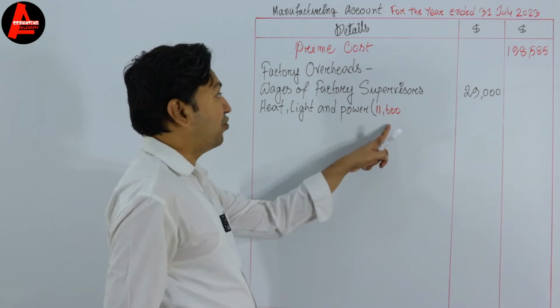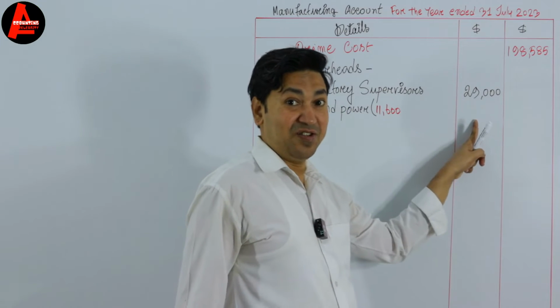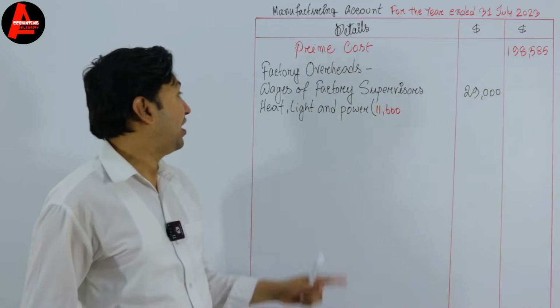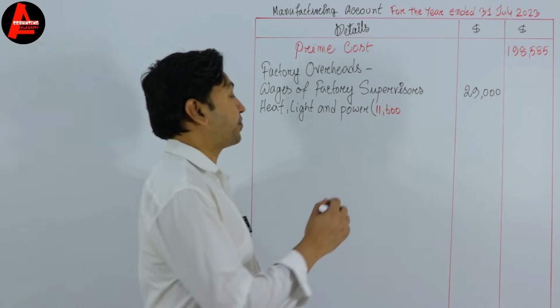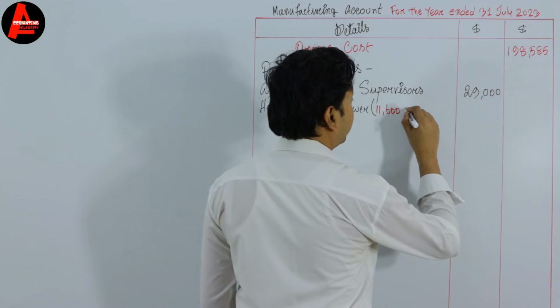But why did we not write the final amount here? We have an adjustment related to this item. Number 2 says heat, light and power is to be apportioned 4/5 to the factory and 1/5 to the office. So we will multiply now by 4/5.